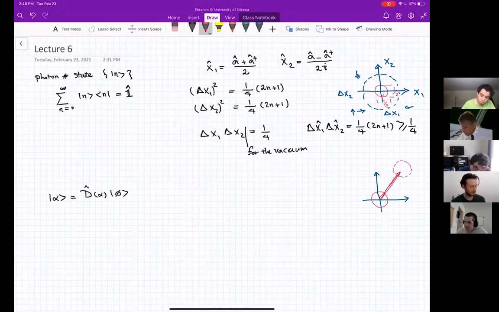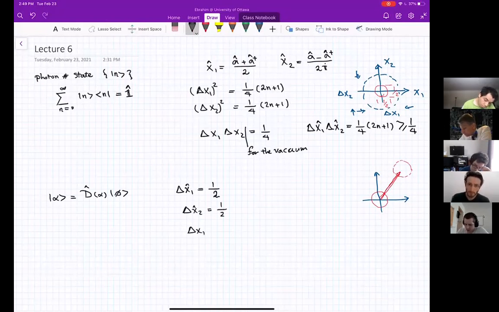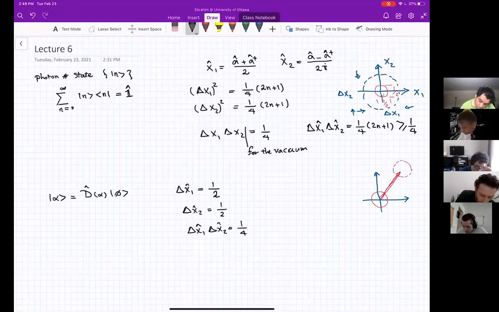Then you have a new state, which we call a coherent state. We did the calculation: delta x1 was 1 divided by 2, and we did the calculation for delta x2 as well, which was 1 divided by 2. So for a coherent state, delta x1 times delta x2 was 1 divided by 4, saturating the uncertainty for the quadratures x1 and x2.